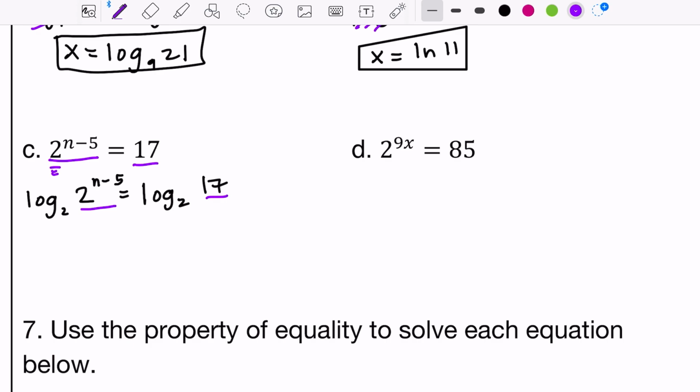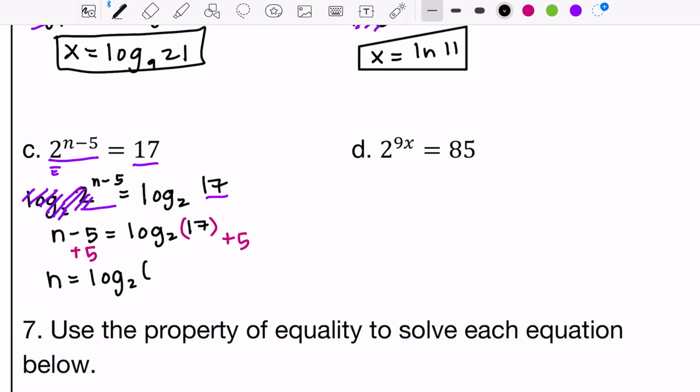That's nice because this log with a base 2 undoes that exponential with a base 2. So then I have m minus 5 equals log base 2 of 17. The m is not by itself yet, so I'm going to add 5 to both sides. When I do that, I'm going to make sure to put parentheses around the argument of the logarithm, because the 17 belongs to that log base 2, but the 5 doesn't, so they're not like terms, so I cannot combine them.